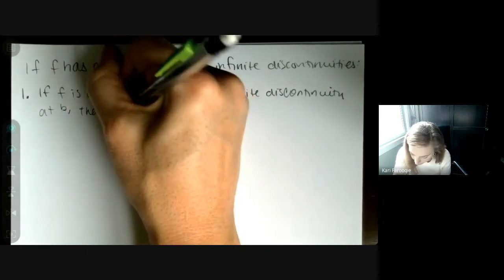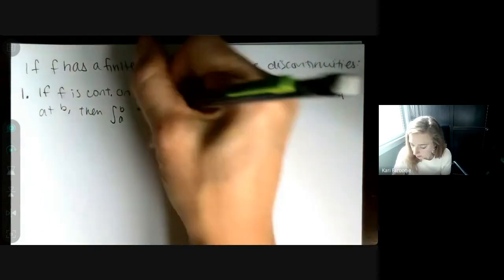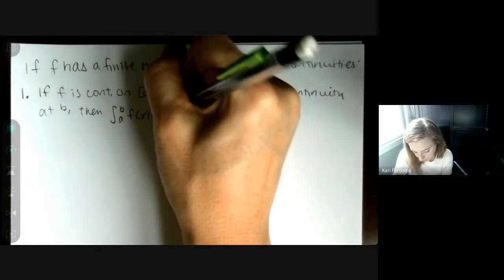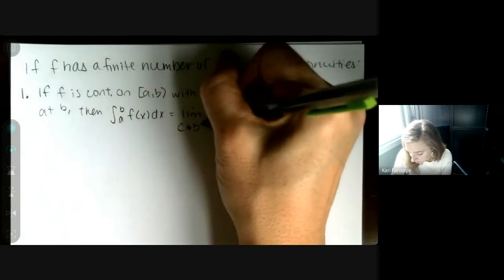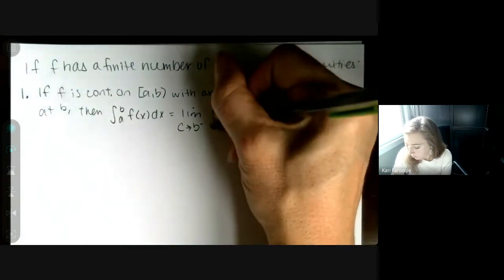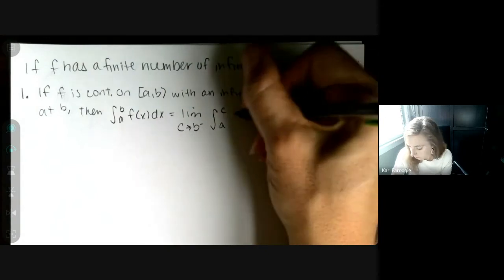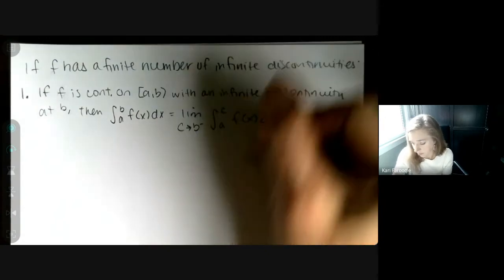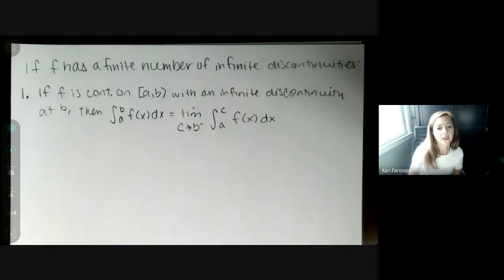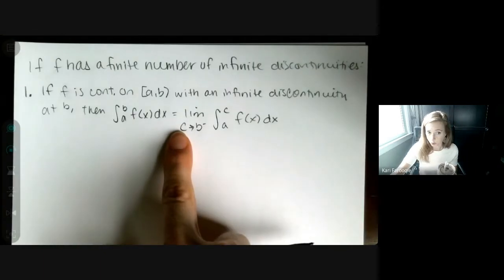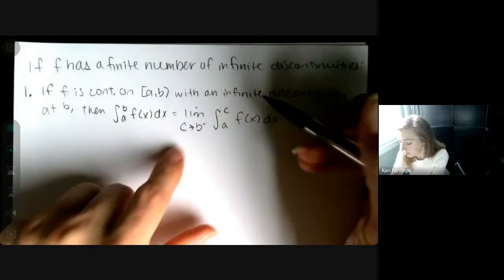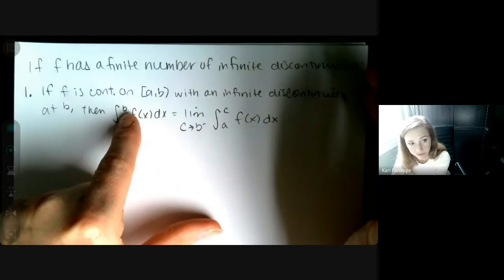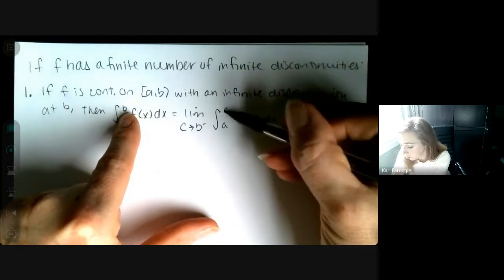Then the integral from a to b of f of x dx is equal to the limit as c approaches b from the left of the integral from a to c of f of x dx. Now, again, the c is arbitrary. You pick your variable, but the most important thing to note is that you're going to be replacing this infinite discontinuity with that variable.